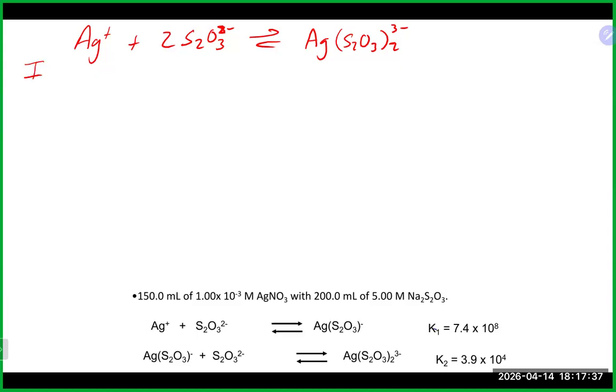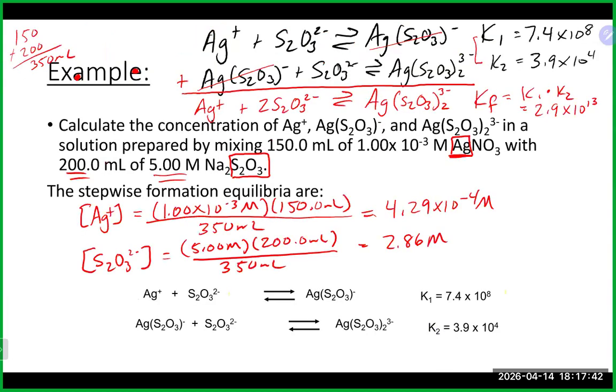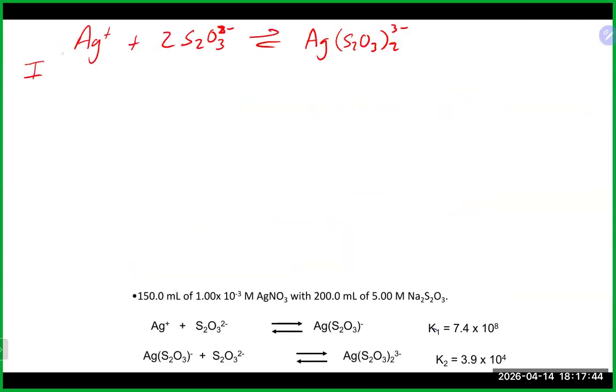And we can do our ice table. Initially, we're going to use our concentration of silver, which was 4.29 times 10 to the minus 4, our initial concentration of our ligand, and 0. Once again, we are going to make our assumption here that all of that silver should get used up.